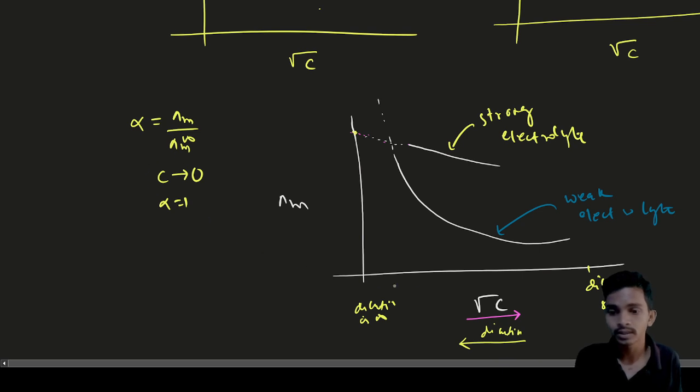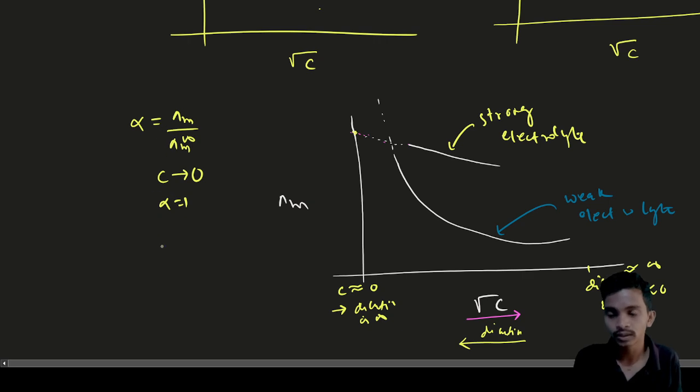Here dilution is very high, infinite, and concentration is nearly 0. Here concentration is, let's say, high, and dilution is 0. So when concentration tends to 0, alpha tends to 1.